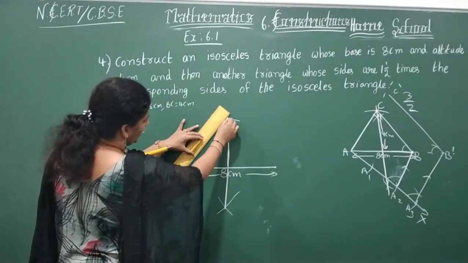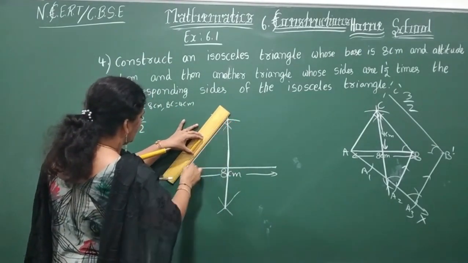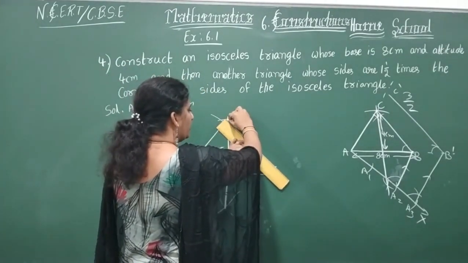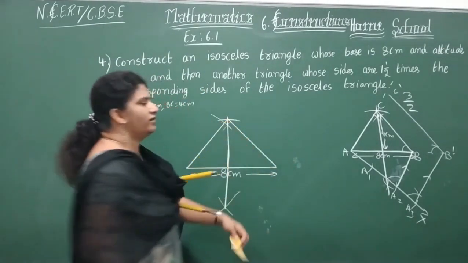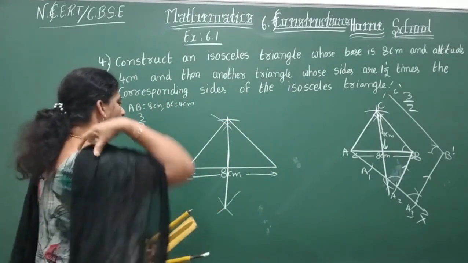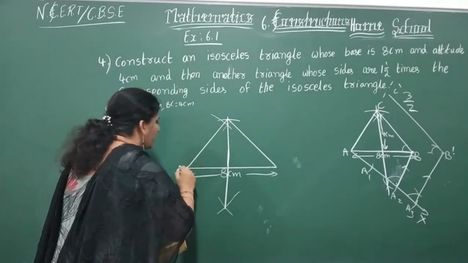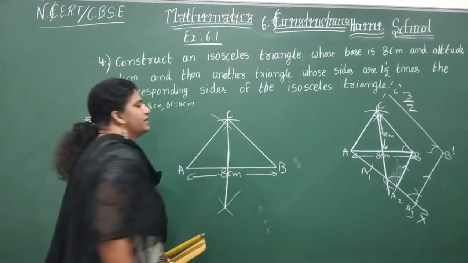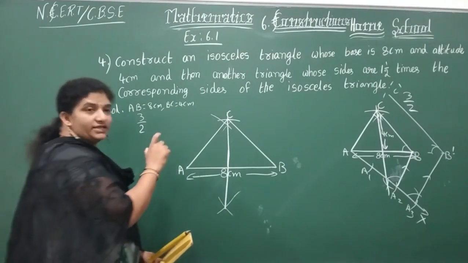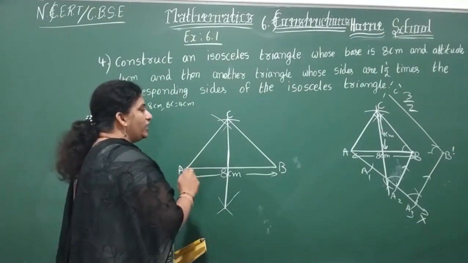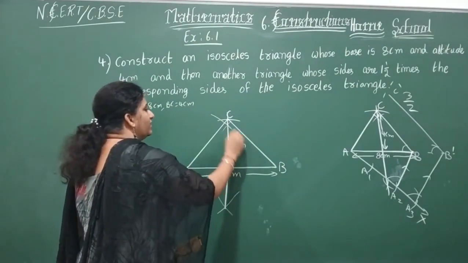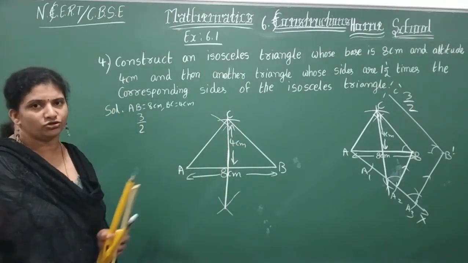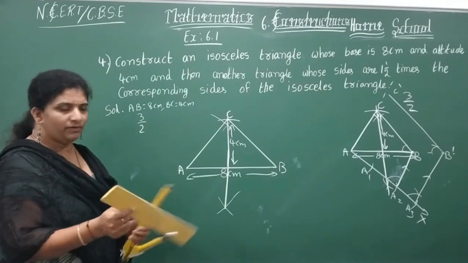See here carefully. From that point to here, join. And again, from this point to here, join. Okay. Now, mark the letters here, children. A, C, and this is B. For this triangle, we need to draw the similar triangle which is in the ratio 3:2. What is your next step?